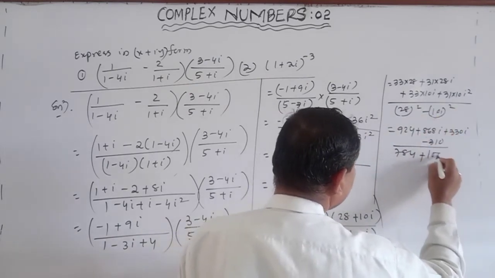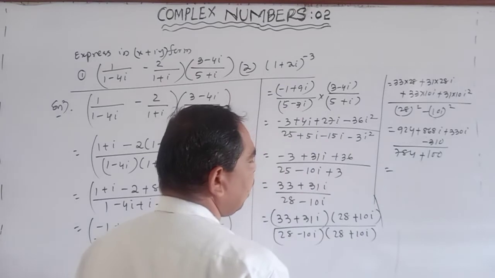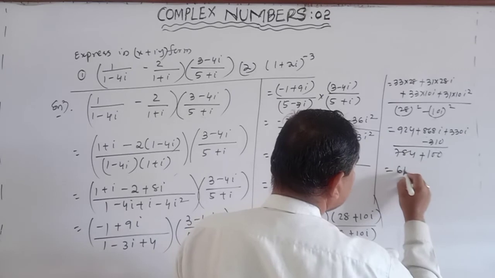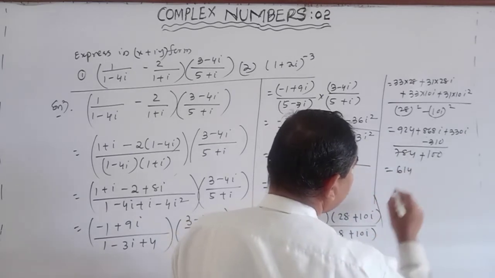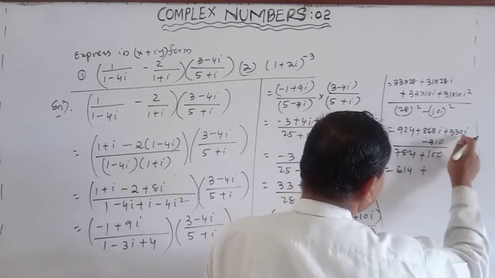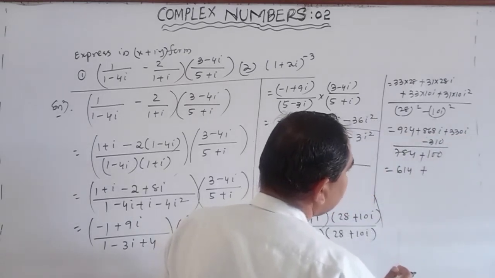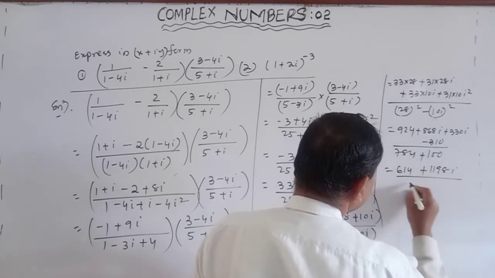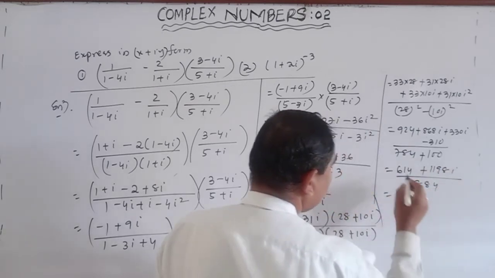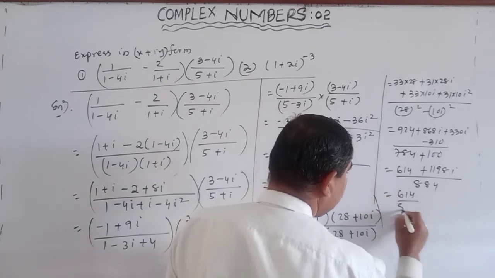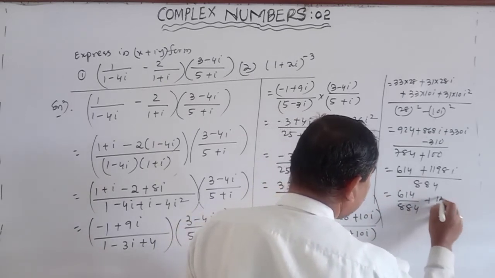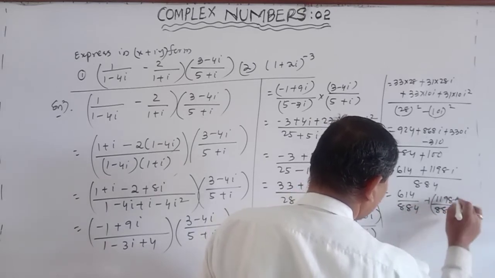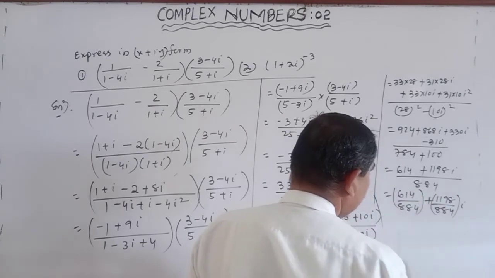So 924 minus 310 is 614, plus 868 plus 330 is 1198i, divided by 884. Simplify: 614 divided by 884 plus 1198 divided by 884i.